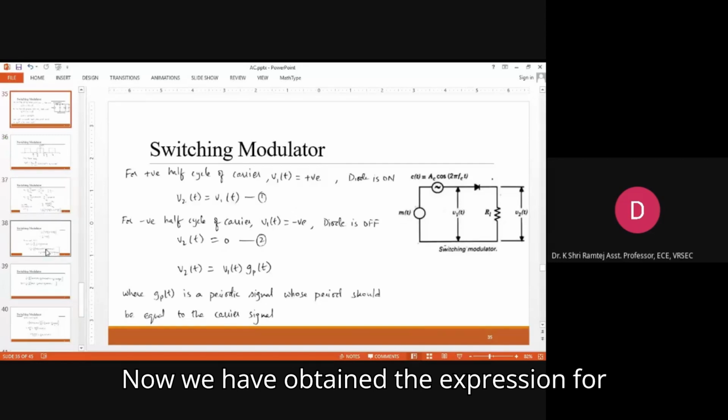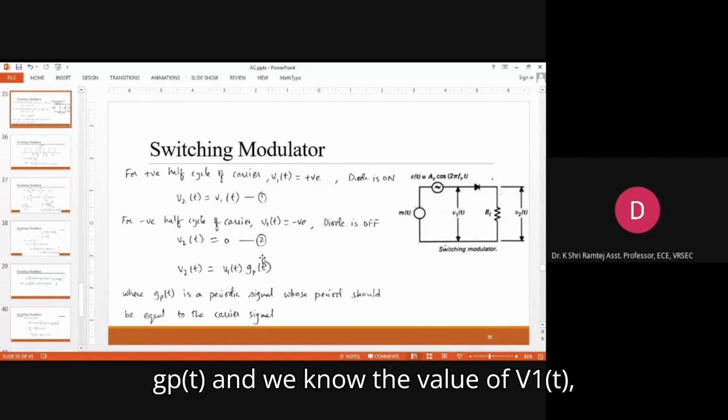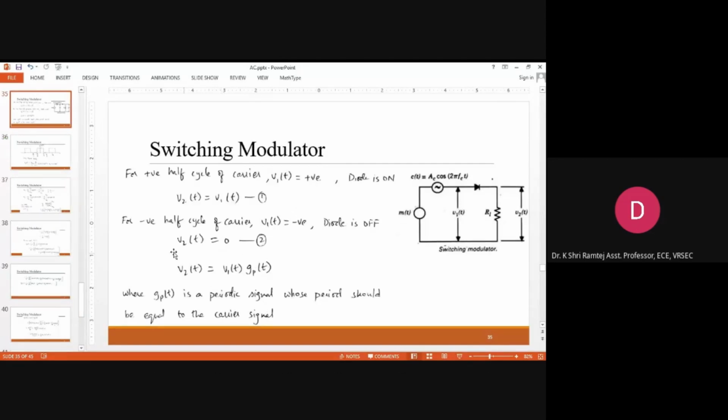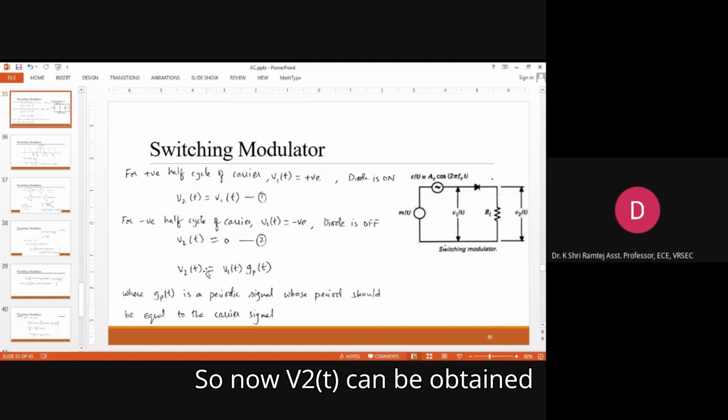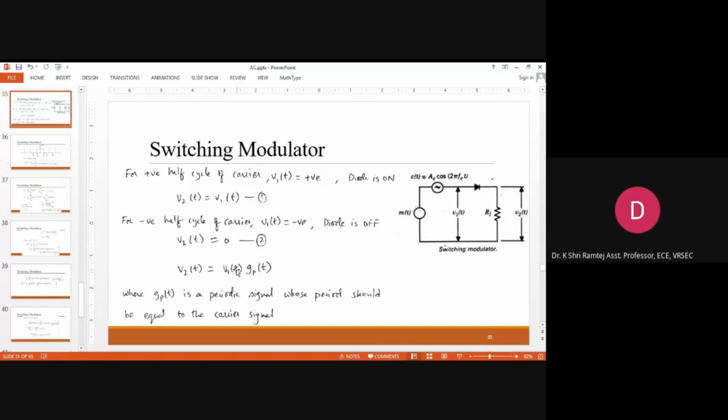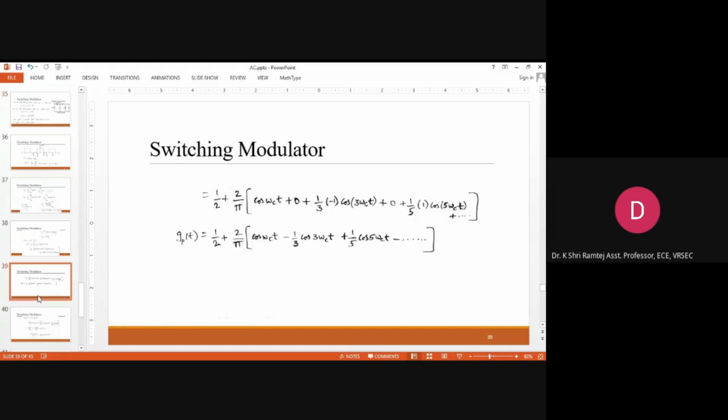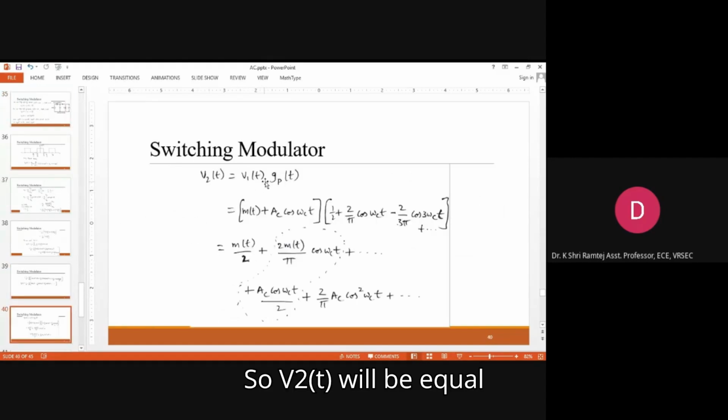Now we have obtained the expression for Gp of t and we know the value of V1 of t. So now V2 of t can be obtained by multiplying this V1 of t and Gp of t. So V2 of t will be equal to V1 of t times this periodic signal Gp of t.